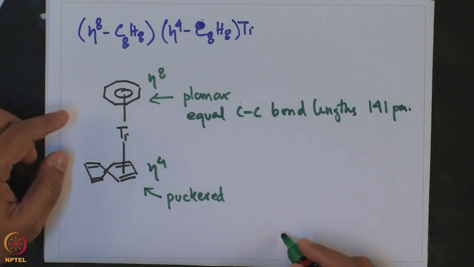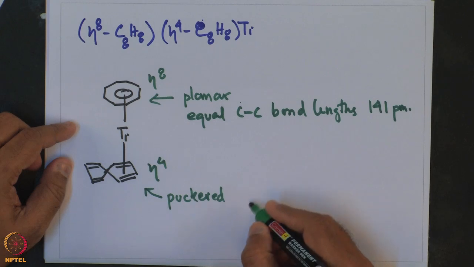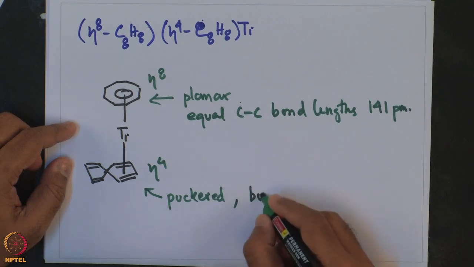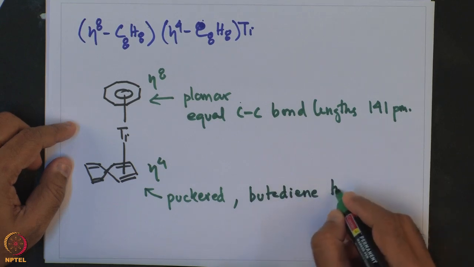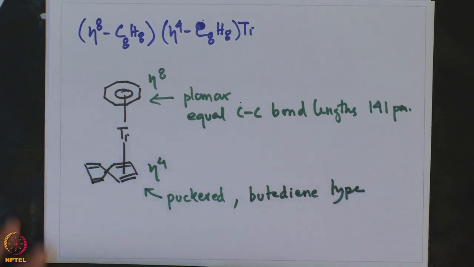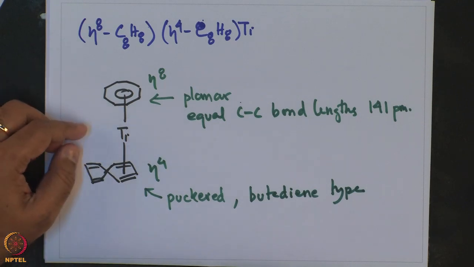So, it does not show equal bond length, and this binding is more like a butadiene type. And another interesting bit about this structure is that in solution a fluxional structure is observed.